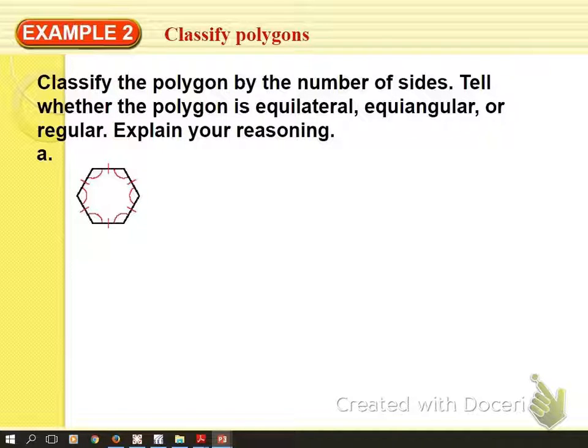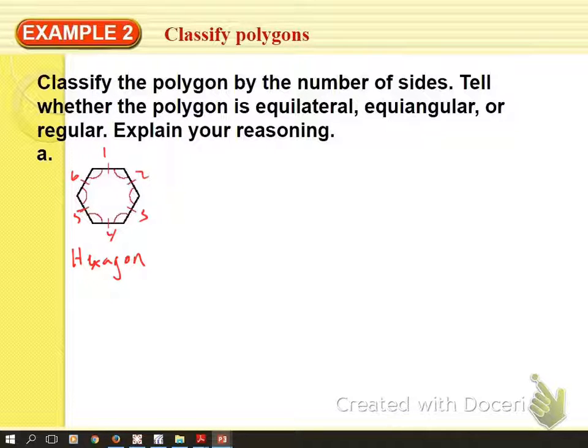Okay? All right, classify some polygons. Classify this polygon by the number of sides and tell whether it's equilateral, equiangular, or regular. Explain your reasoning. First one. This is a polygon. We could go through the reasons why, but it is. Classified on the number of sides, well, there's 1, 2, 3, 4, 5, 6 sides, which makes it a, you guessed it, hexagon. Is it equilateral, equiangular, or regular?